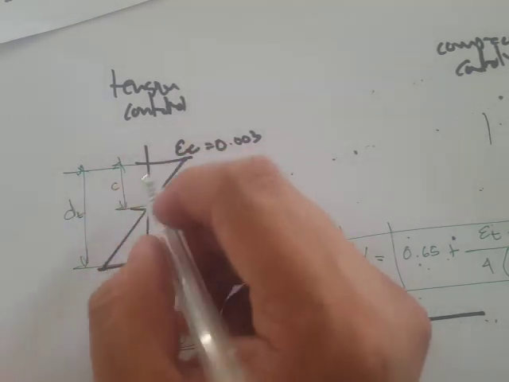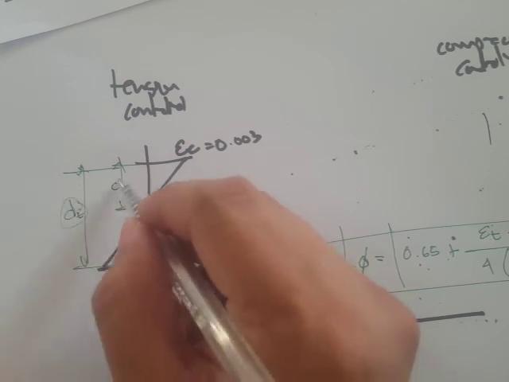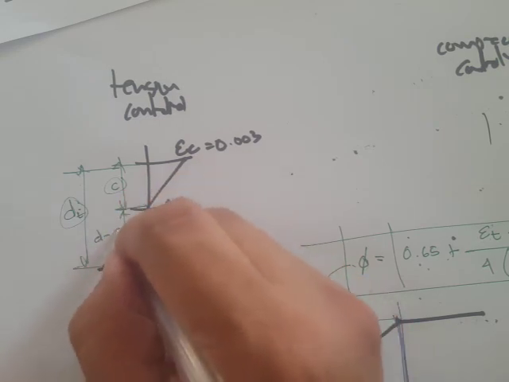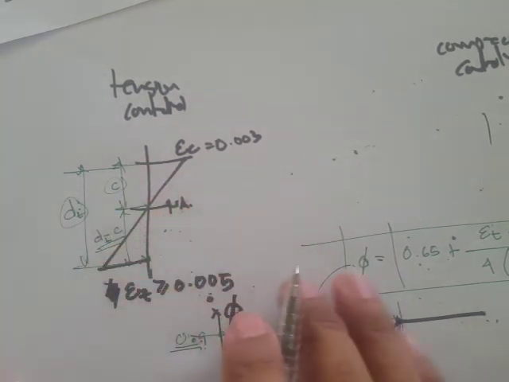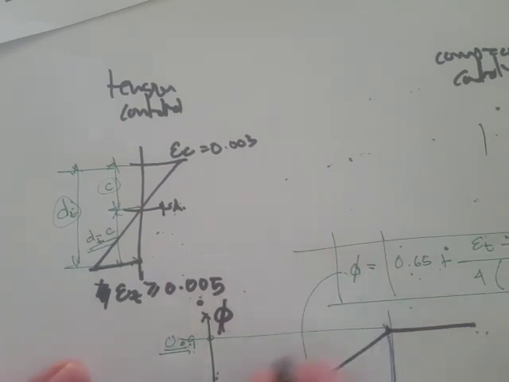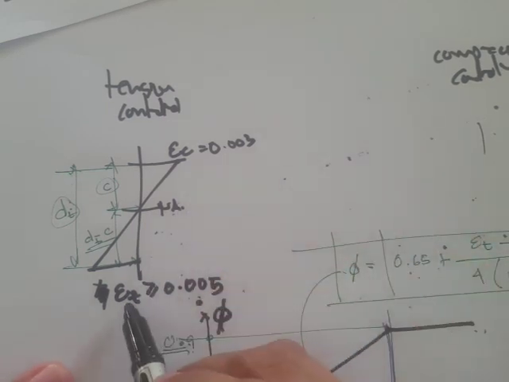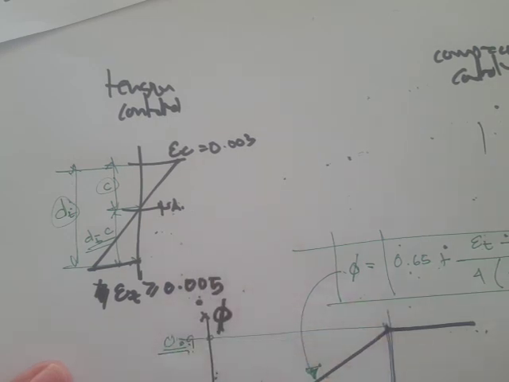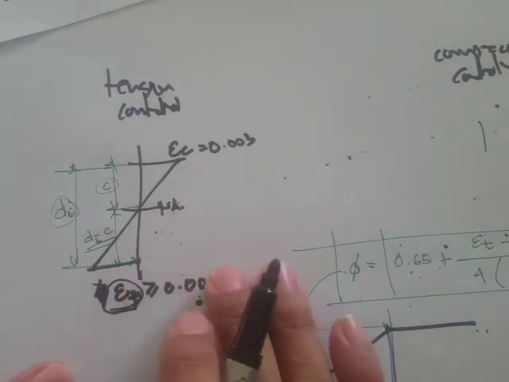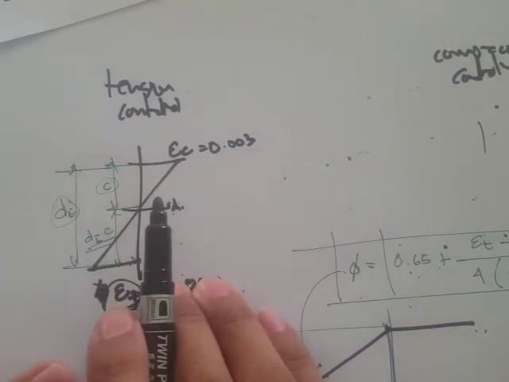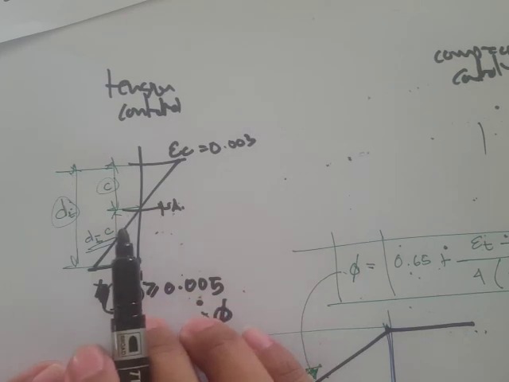The difference between this effective depth and the depth of neutral axis would simply be d minus c. Now we can solve for this extreme tension steel strain. Forget about the 0.005; that just refers to the tension controlled region. This is what we're actually trying to solve, this epsilon sub t.